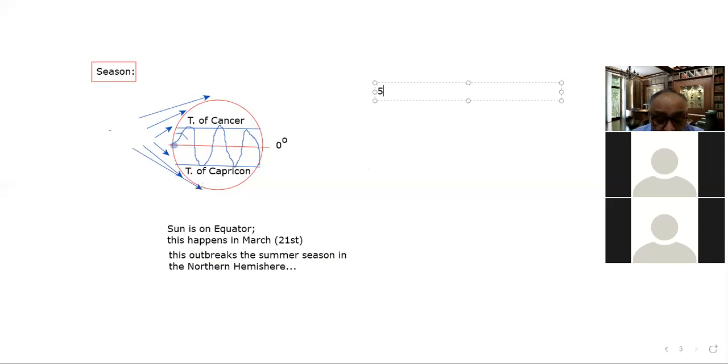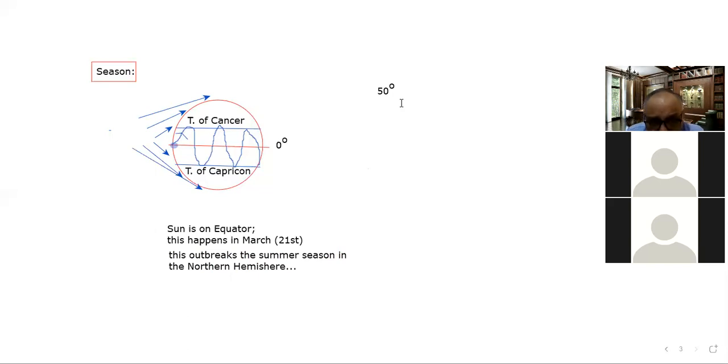If I talk about the 50-degree latitude, then the 50-degree latitude in the northern hemisphere and the 50-degree latitude in the southern hemisphere will receive the same amount of light during the day because the sun is on the equator. They are equally distant from the sun.